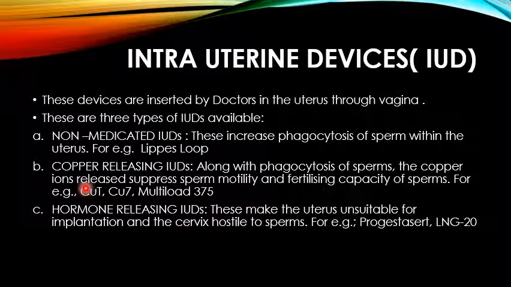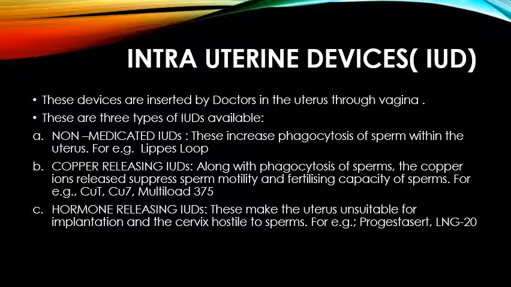Very common examples are copper T, copper 7, multiload 375. The third is hormone releasing intrauterine devices. These make the uterus unsuitable for implantation and the cervix hostile to sperms. For example, Progestasert, LNG-20.